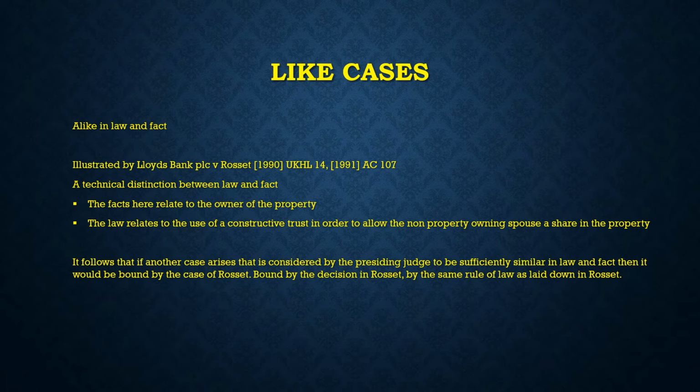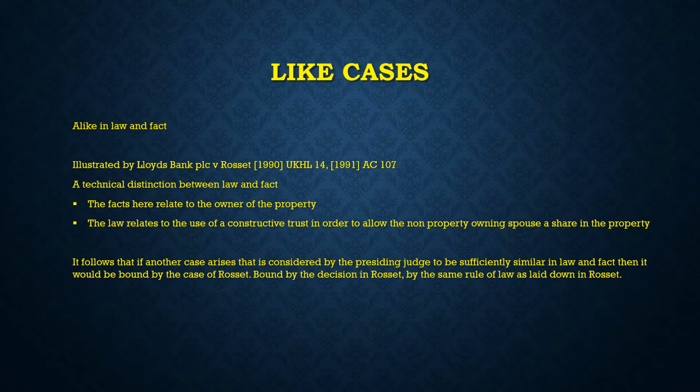This can be illustrated by Lloyds Bank plc and Rossett. The facts in Rossett concerned a couple who had renovated a derelict farmhouse. One of the couple was the title owner of the farmhouse. The dispute was whether or not the non-owning spouse could claim a share in the property. In analysing this case, we need to look at equitable principles, the way in which equity can be used.